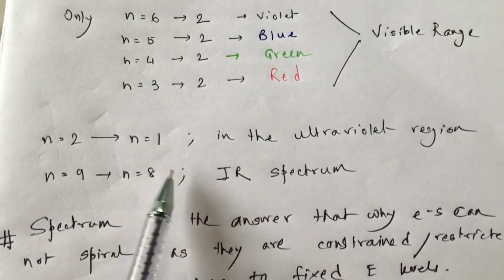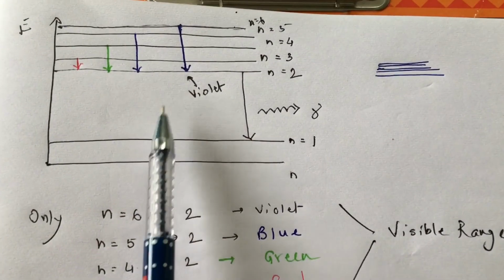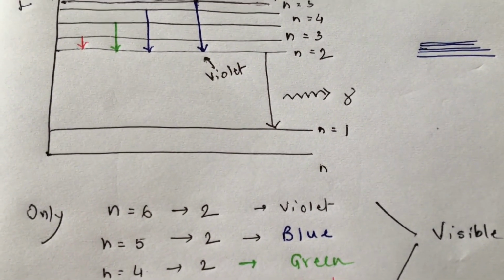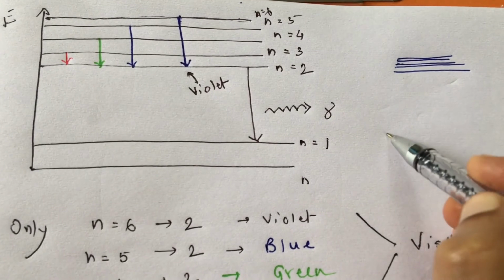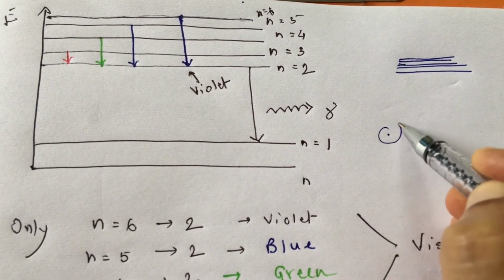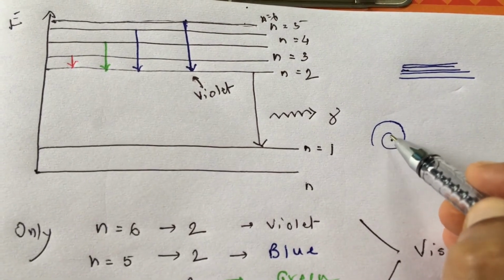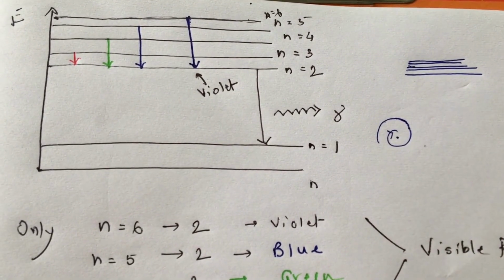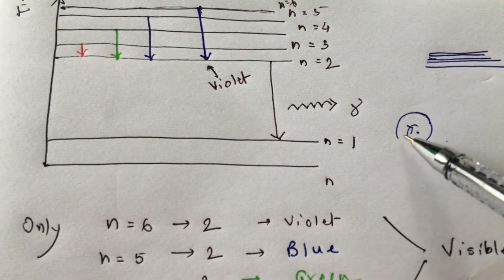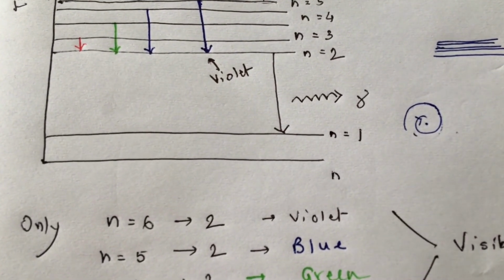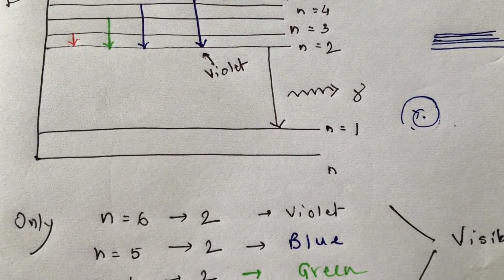Now this spectrum gives us the answer to why electrons cannot spiral around the nucleus, why they can't take any values. Spiraling and then jumping into the nucleus is not possible, because in that case we'd have continuous energy levels, continuous energy.